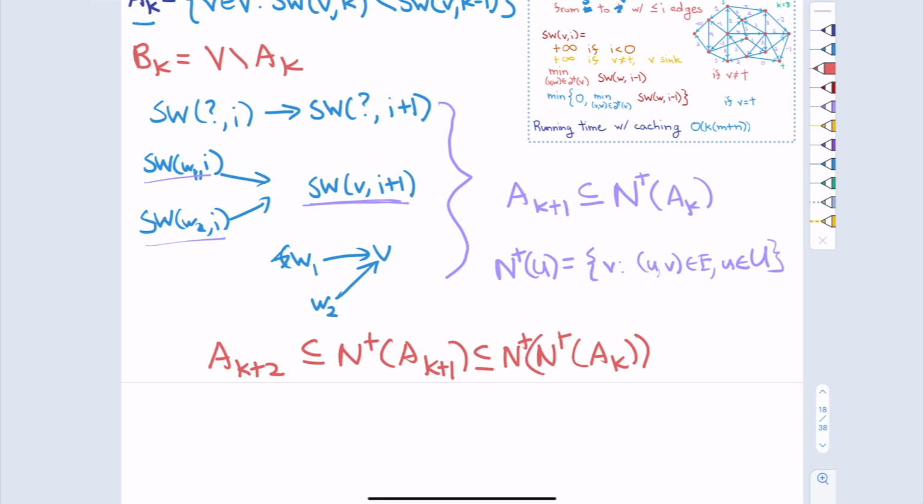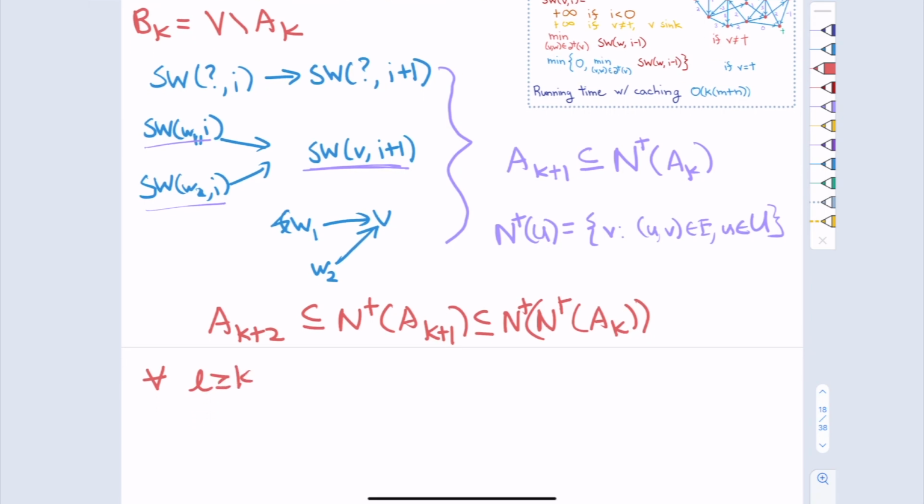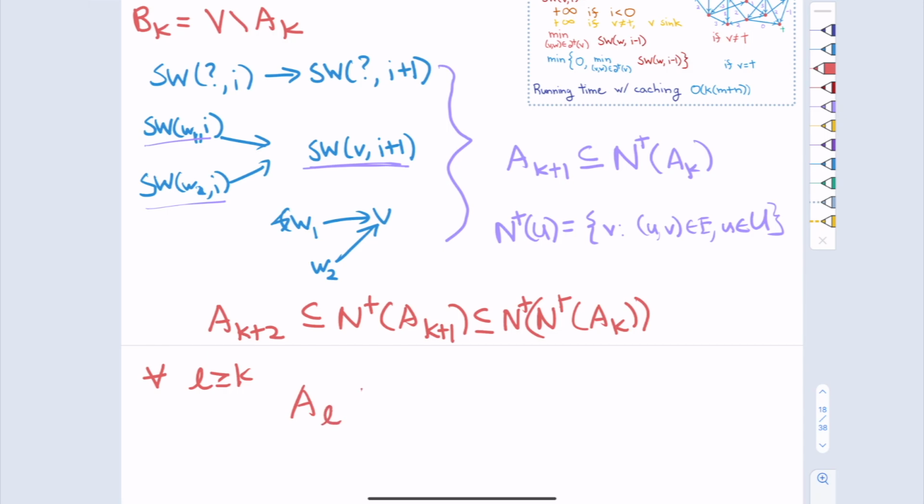And in general, if I'm just looking at round 1000, way in the future, the vertices that are getting updated in round 1000 are a subset of the vertices reachable from A sub k.